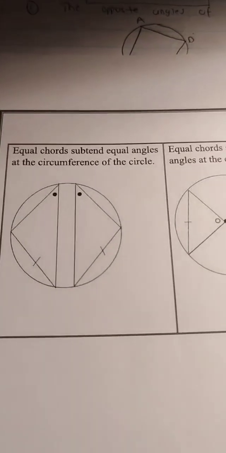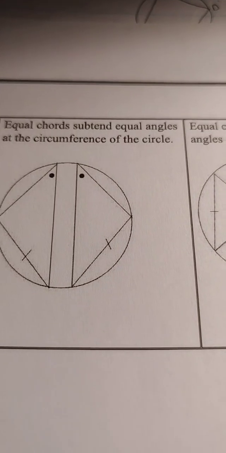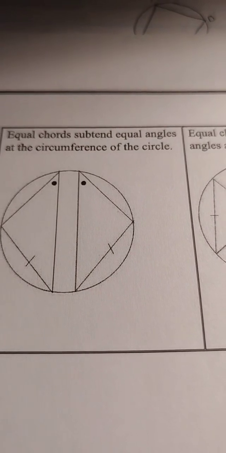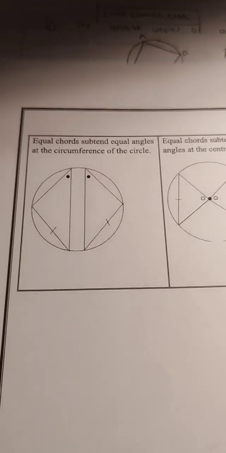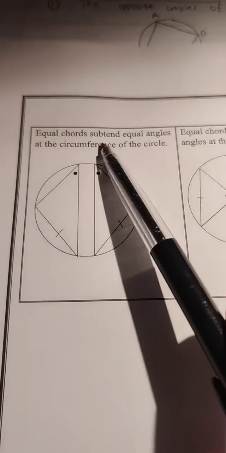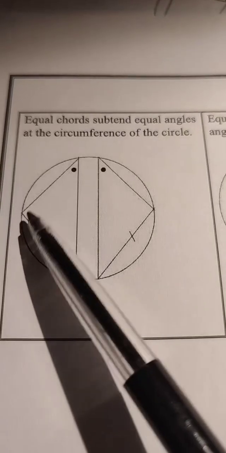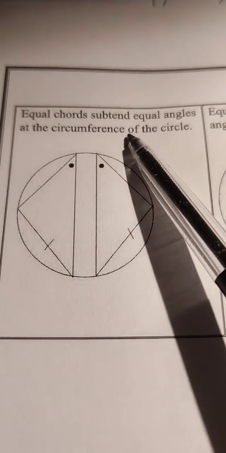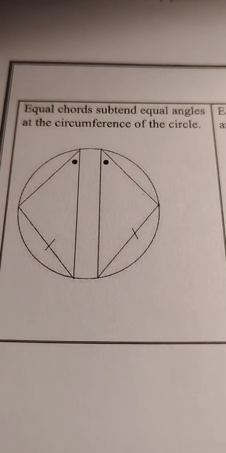I'm going to show you the corollaries that I'm talking about. So coming from the angles in the same segment theorem, there are these corollaries that we can deduce. The first one says equal chords subtend equal angles at the circumference of the circle.